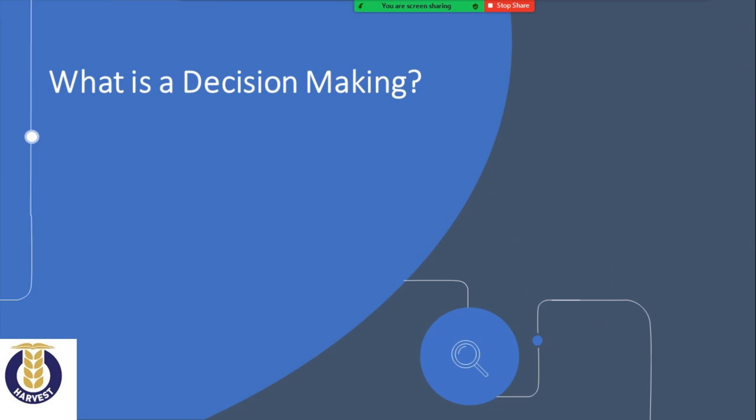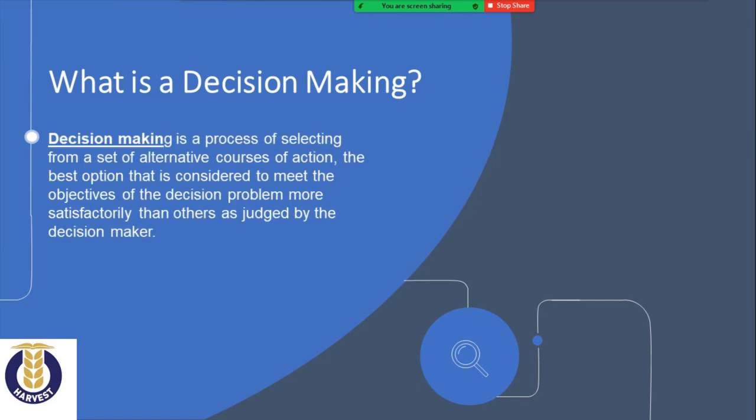So we begin by understanding the meaning of decision making. And we are saying that decision making is a process of selecting a set of alternative courses of action and the best option that is considered to meet the objectives of the decision problem more satisfactorily than others as judged by the decision maker.